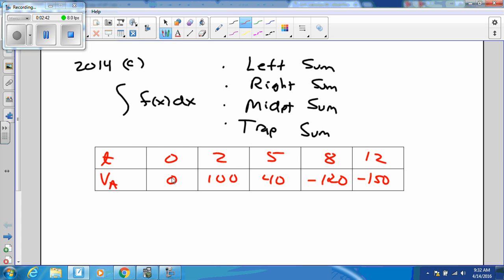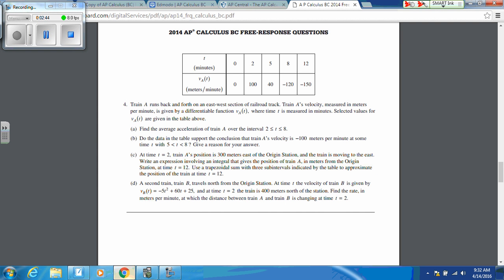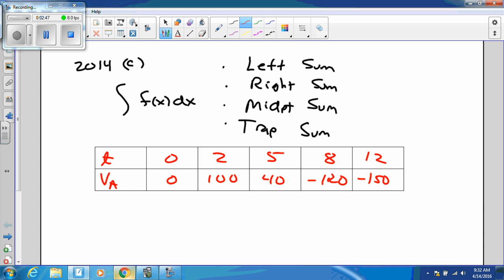Okay, and one more thing, crucial to this, the units: minutes and meters per minute. Like so.